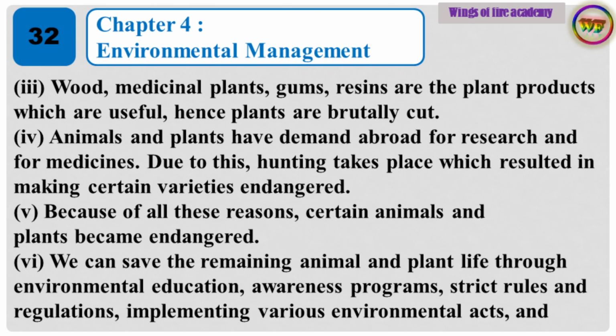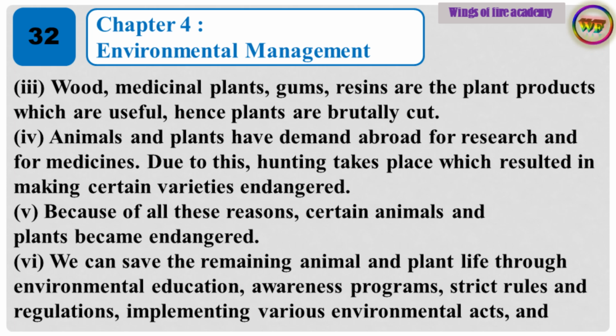Point 3. Wood, medicinal plants, gums, resins are the plant products which are useful, hence plants are brutally cut. Point 4. Animals and plants have demand abroad for research and for medicines. Due to this, hunting takes place which resulted in making certain varieties endangered. Point 5. Because of all these reasons, certain animals and plants became endangered.